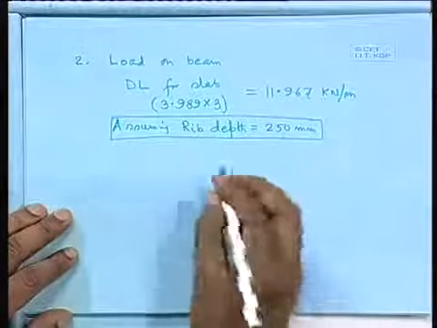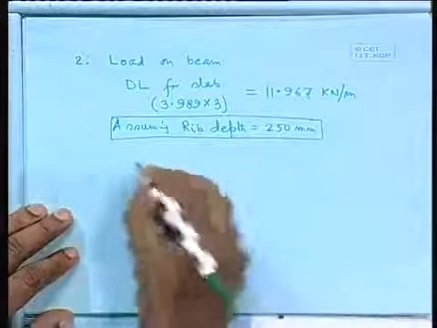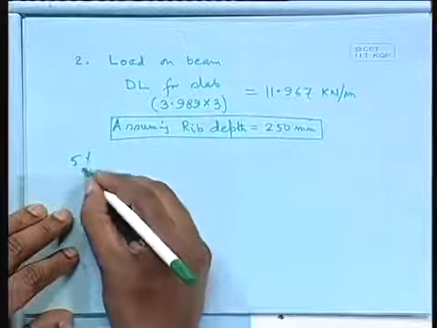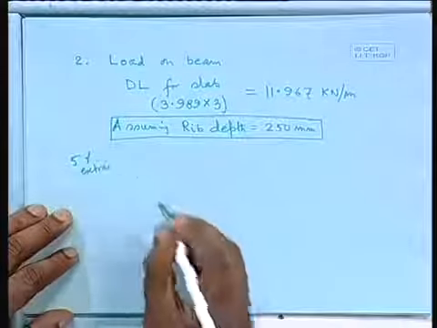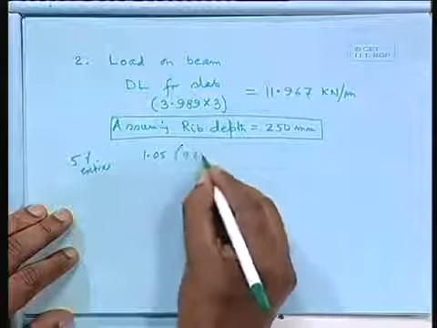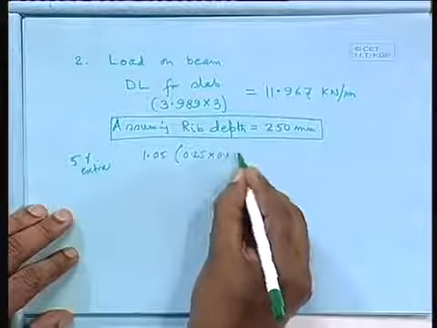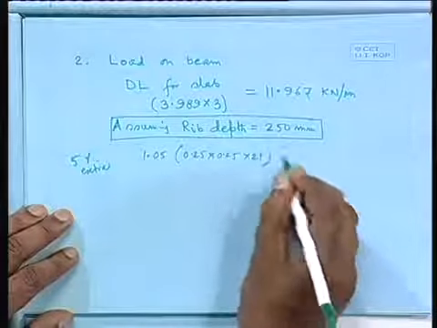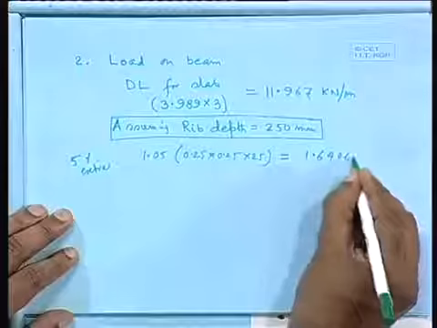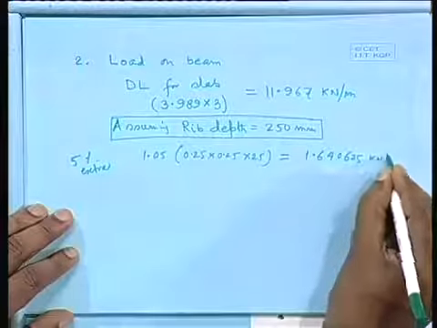Let us say 5% extra. So 1.05 times 0.25 times 0.25 times 25 equals 1.64065 kilonewton per meter.